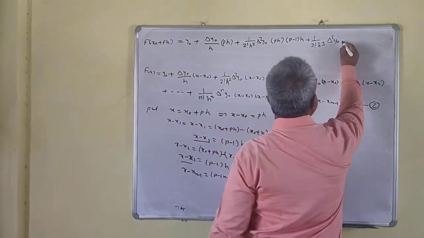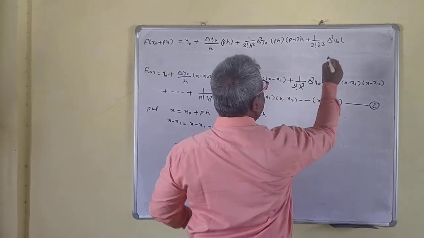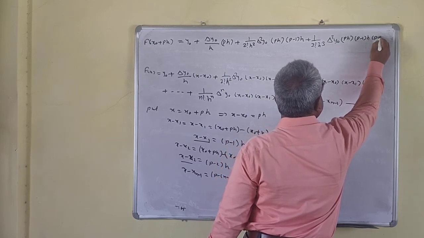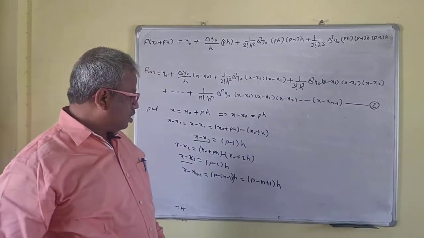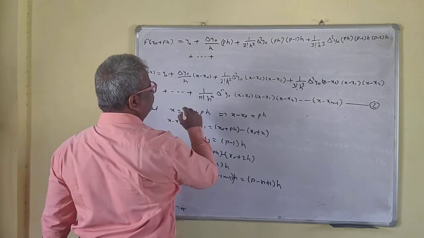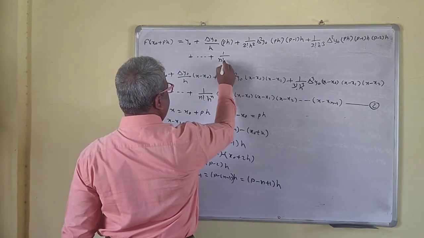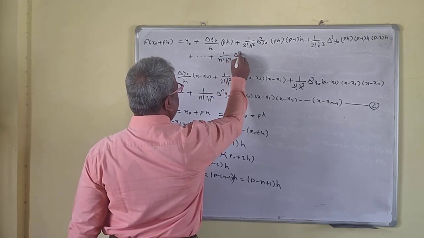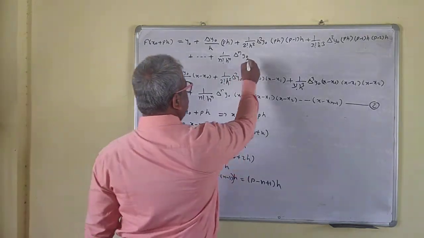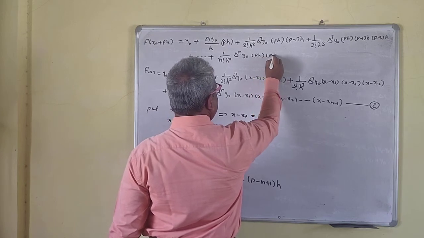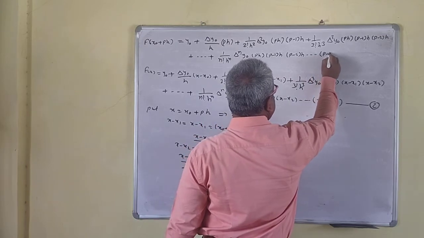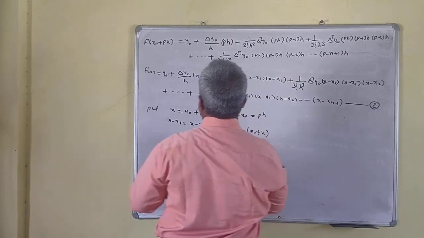X minus x0 is ph, then p minus 1 times h, then x minus x2 is p minus 2 times h. Plus dot dot dot, 1 upon n factorial h to the power n del to the power n y0, times ph, p minus 1 times h, p minus 2 times h, dot, p minus n plus 1 times h.